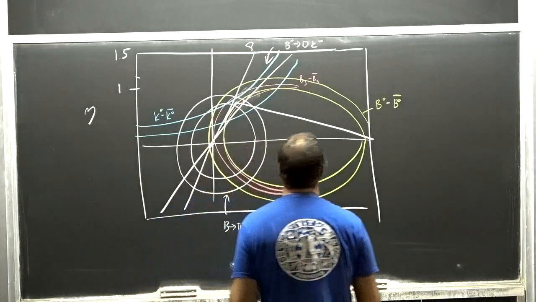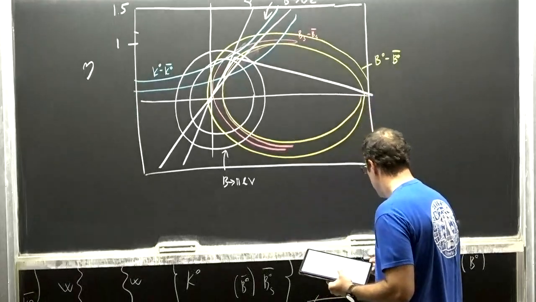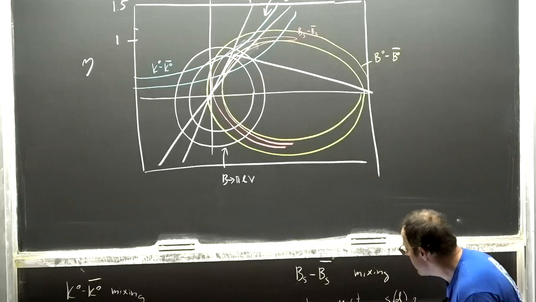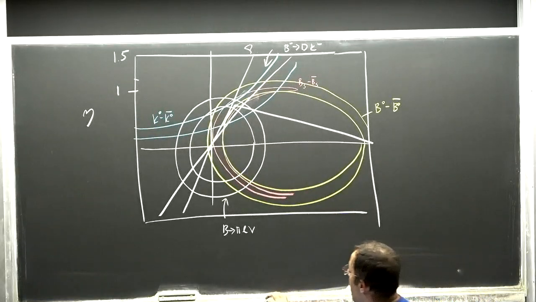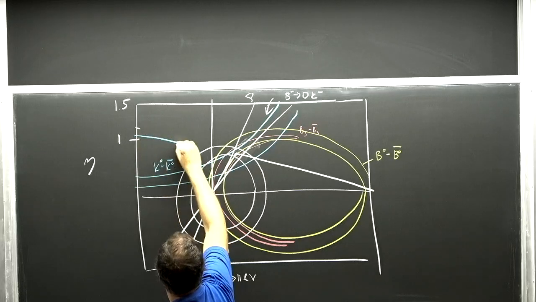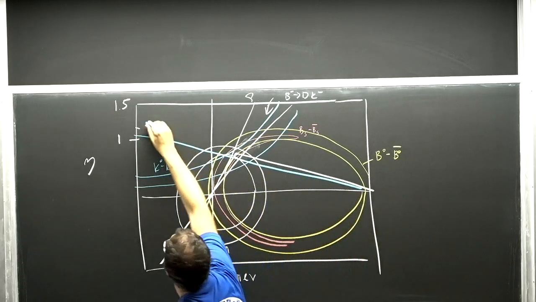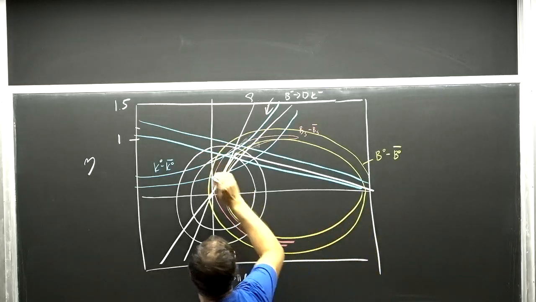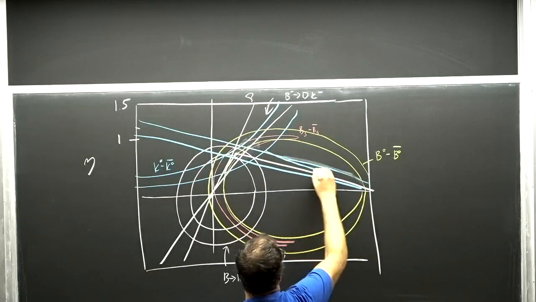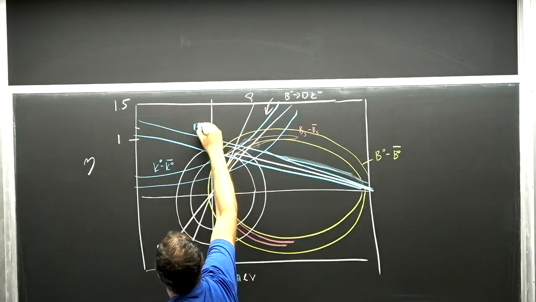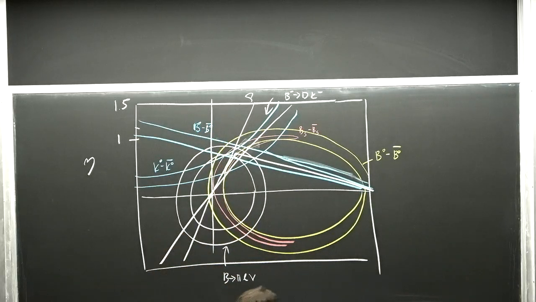And add one more. So you can also measure the phase of this mixing matrix element, and that's yet another constraint. Looks like this. All right. So this was also B. That's it. There was many things.